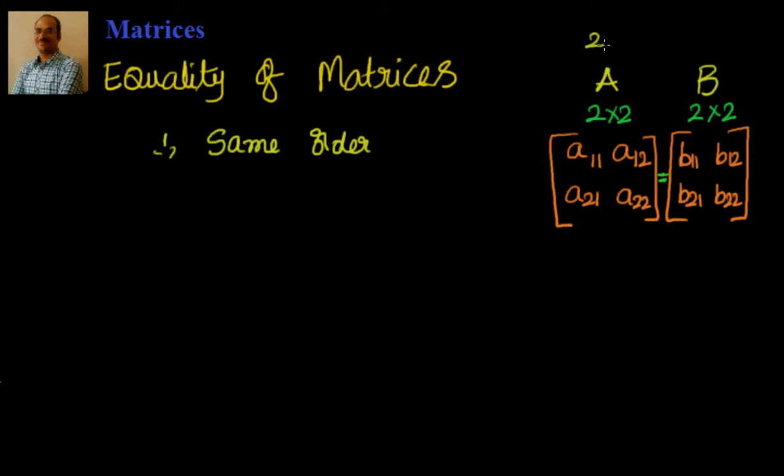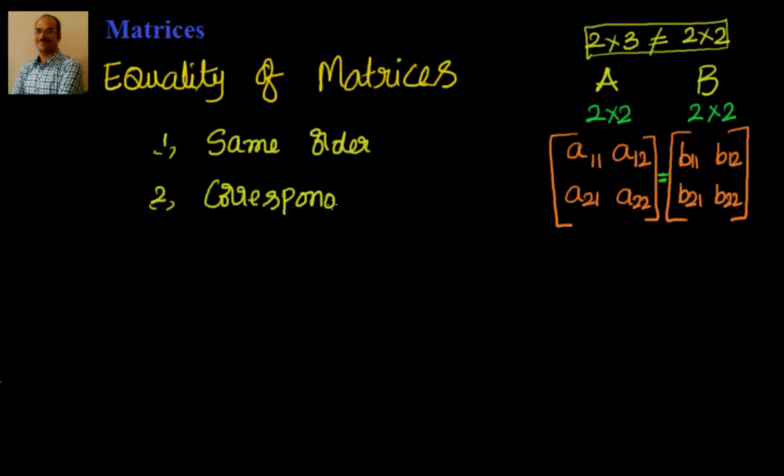So if A is 2 by 3 and B is 2 by 2, then you can never equate these two matrices. So that's the first condition: they both have to be of the same order. And second, corresponding elements should be equal. What's the meaning of that? Let's write it down. Corresponding elements should be equal.